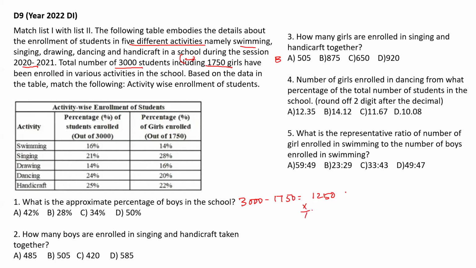X by Y into 100. So 1250 divided by 3000 into 100. Yeah, the third one's answer is correct.